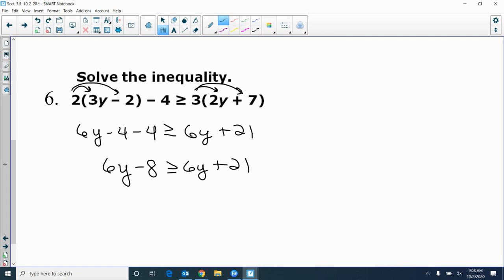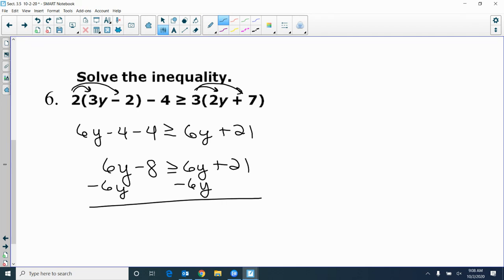Now, some of you might notice, hey, something looks fishy here. Or some of you are just in solve mode where you just keep going and you don't even think. It doesn't matter. I've got to get those 6y's, move one of them. So I subtract 6y. All right, what does that leave me when I do that? Okay, Christian?